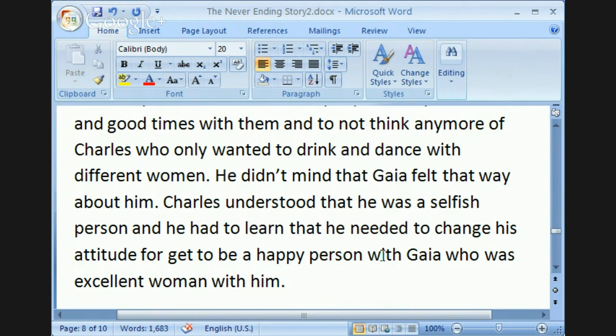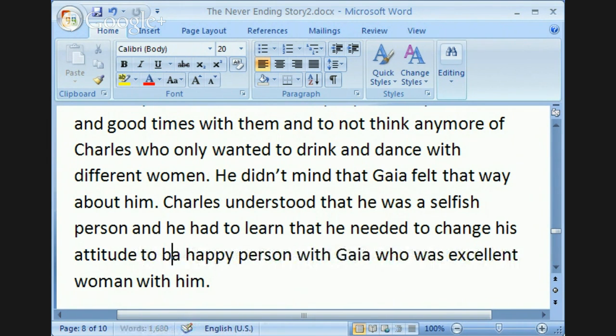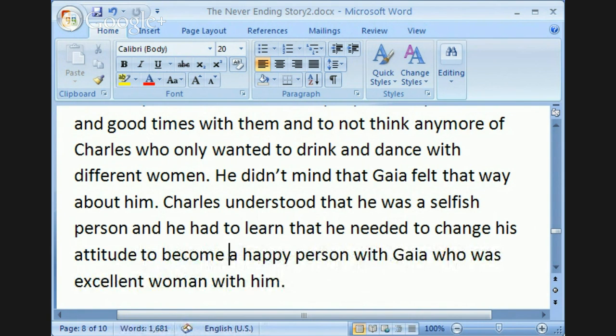That he needed to change his attitude. For to get. Why not, instead of all this, "so he can become"? In order, right? He wants to change his attitude so he can become a happy person with Gaia. Okay. All right.